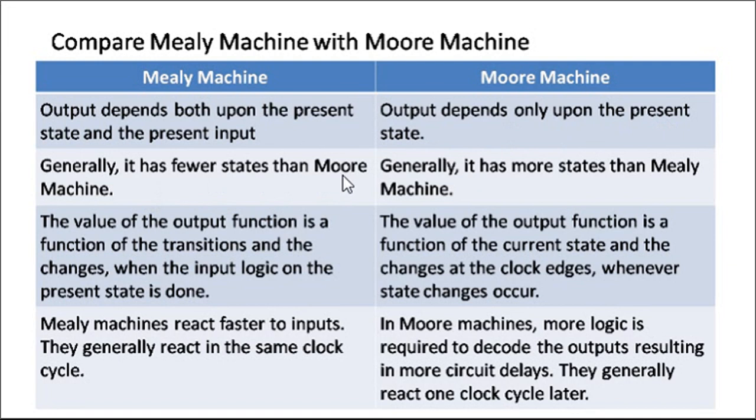Generally the Mealy has fewer states than the Moore machine, while the Moore generally has more states. Mealy machines react faster to inputs, generally in the same clock cycle. In Moore machines, more logic is required to decode the output, resulting in more circuit delay, and they generally react one clock cycle later.